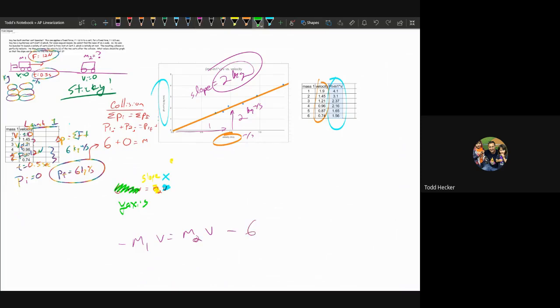So I could have put this on the y-axis, made this the slope, put this on the x-axis, and then I could have had a negative y-intercept. That's basically just shifting the whole graph down 6. So that's the idea.